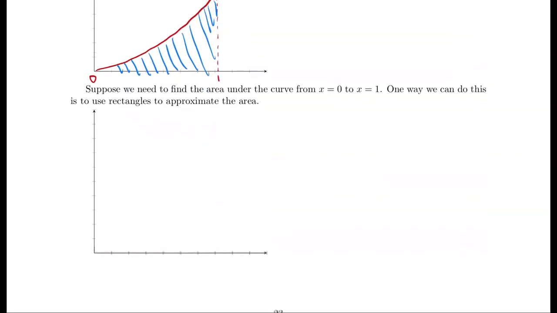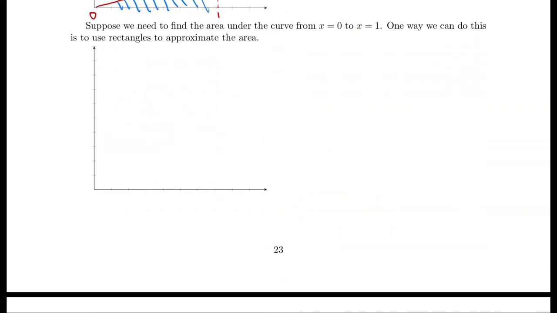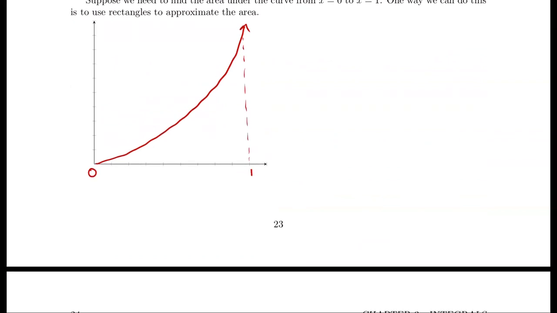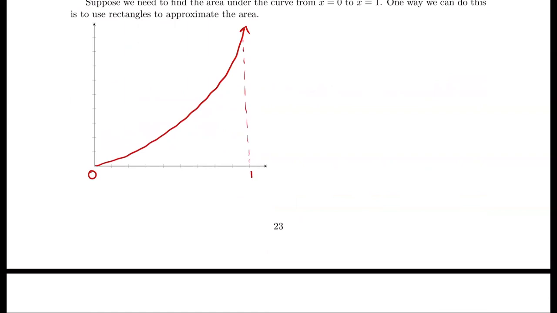So suppose we want to find the area under the curve from 0 to 1. One way we could do this is to use rectangles to approximate the area. Once again, I'm going to draw a parabola from 0 to 1, and I'm going to break it up into 4 separate intervals where all the intervals are equal.